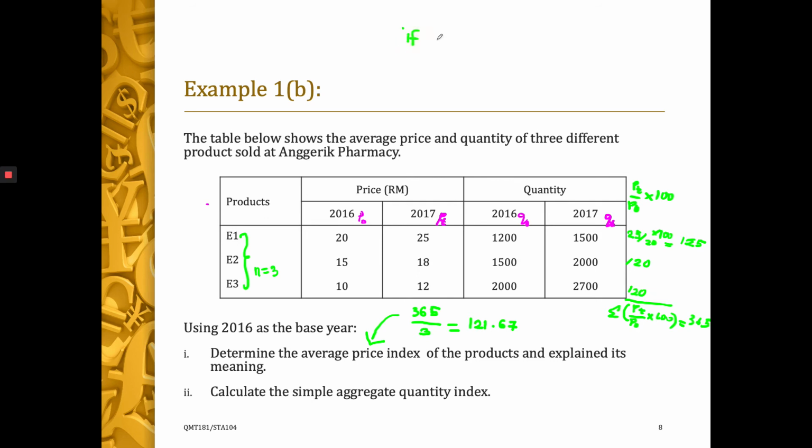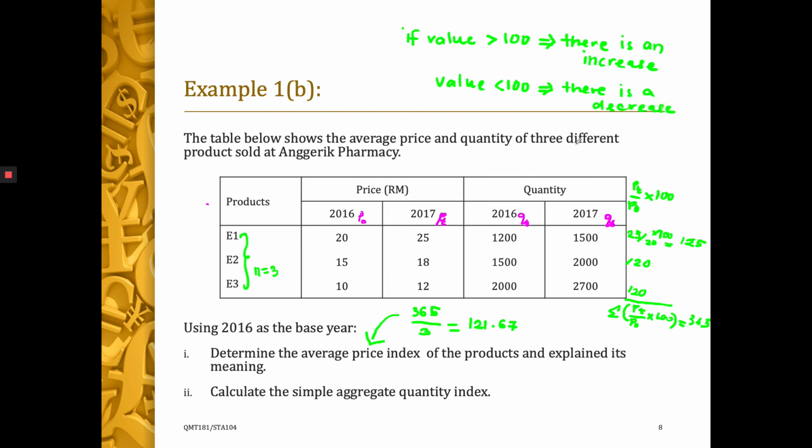Now when you want to explain its meaning, you have to look at the value. If the value is greater than 100, therefore there is an increase. And if the value is less than 100, therefore there is a decrease.